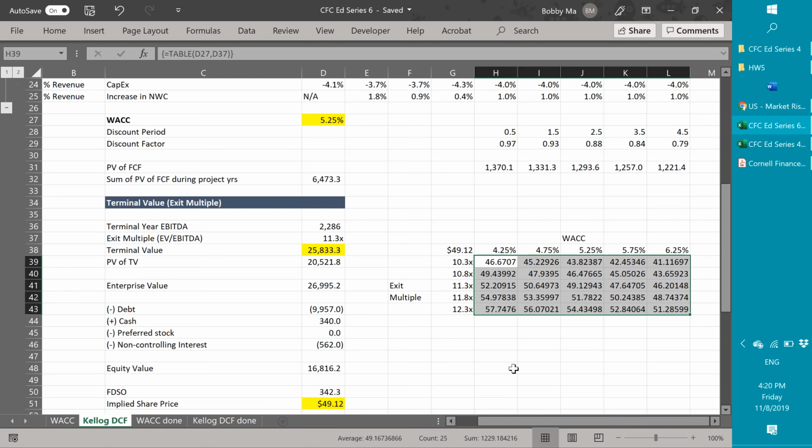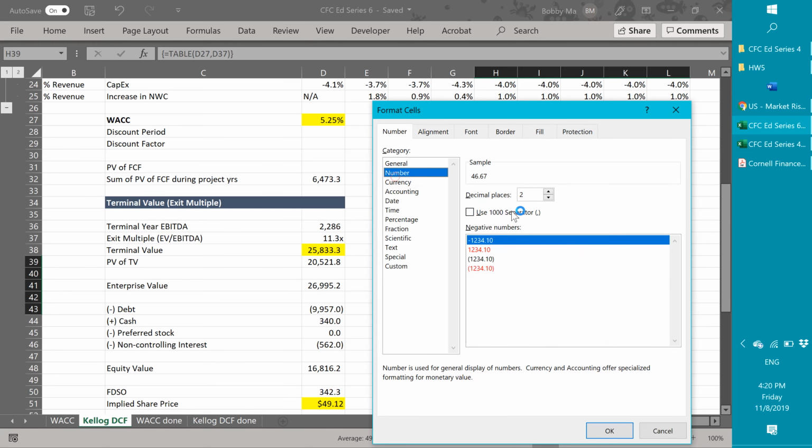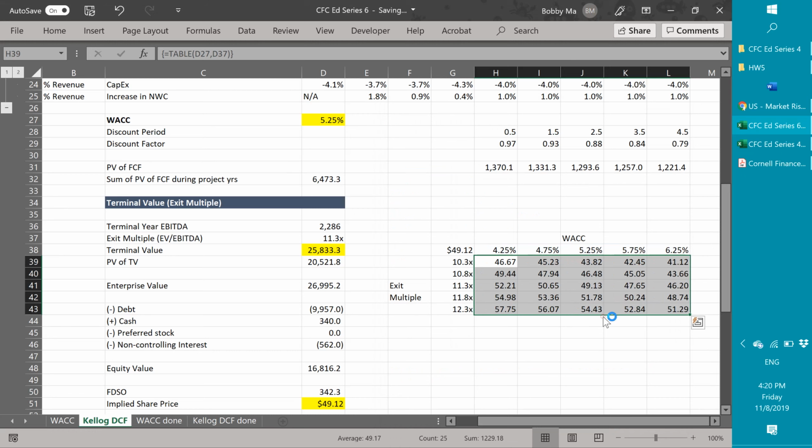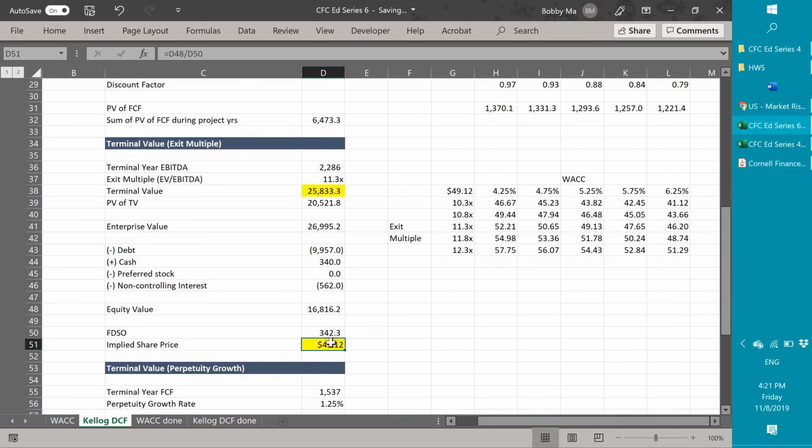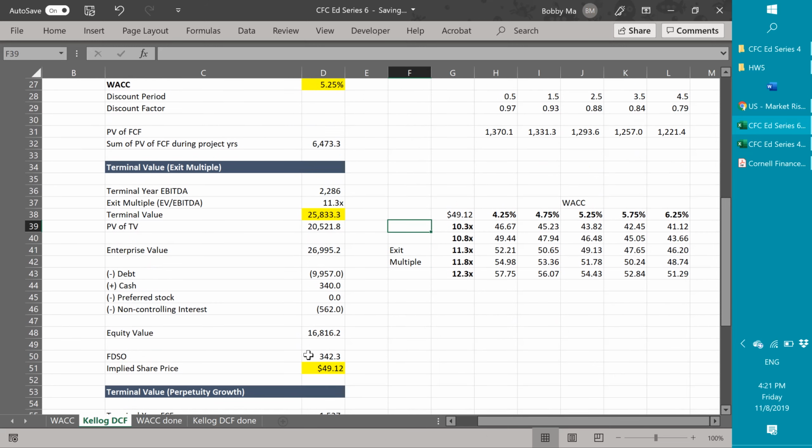So as you can see, control 1. Right, so as you can see, it's $49.13, which happens to be basically our implied share price. And then you can see this is lower and this is higher. So what this is doing, it's replacing these numbers at the top and these numbers on the left for this number and this number in our calculation, and then it's going to spit out all the results there.